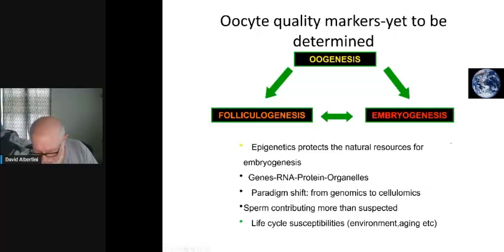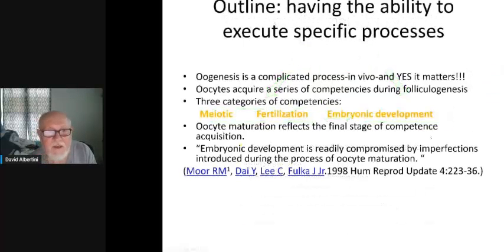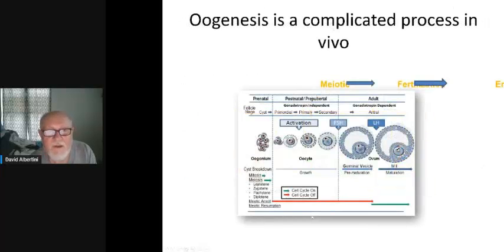And again, this is a moving target based on lifestyle susceptibilities. So I'm going to close by reminding everyone that the various competencies that an oocyte acquires are a function of these various developmental landmarks, and that embryonic development is readily compromised by imperfections during the process of oocyte maturation. I think that is a key to our future understanding.